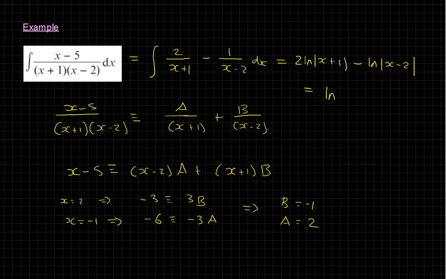So we can say that's ln of x plus 1 squared, and I can forget the modulus now because if I'm squaring something it doesn't actually matter, minus ln of x minus 2, and that's therefore equal to ln of, and now I do need to use the modulus because I'm combining the two, x plus 1 squared all over x minus 2. We've written it as a single log, plus c, and that's our answer.